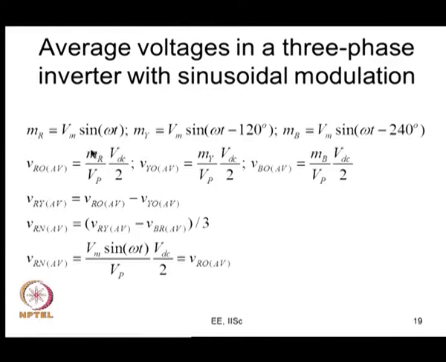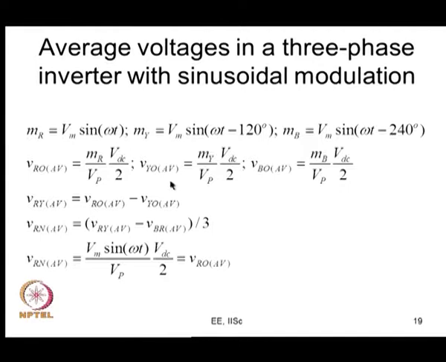Even if MR is equal to Vp, you will restrict MR to Vp when you are doing linear modulation. In overmodulation, this MR will go higher than that, but even then VRO average will not cross the limit; that is not exactly shown here, as this has been written more in the context of linear modulation. VRO average cannot exceed plus VDC by 2 and it cannot go below minus VDC by 2.